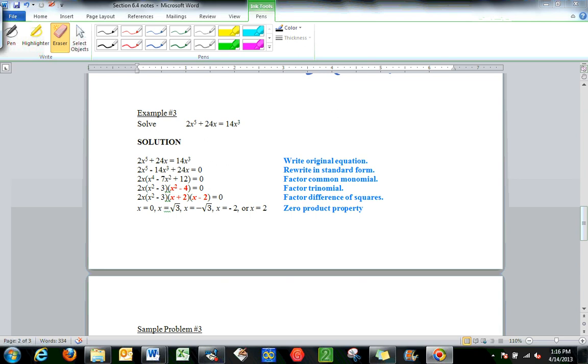Okay, now that we've learned how to factor higher degree polynomials, we're going to use that skill to help us solve polynomial equations. So we can see here we're dealing with solving an equation now. And if we recall, when we solve any equation, the degree of the polynomial represented the number of solutions.